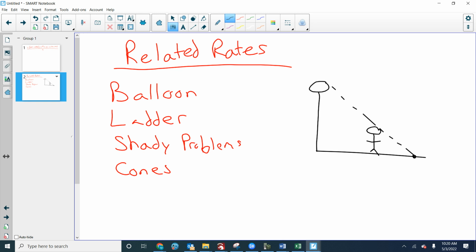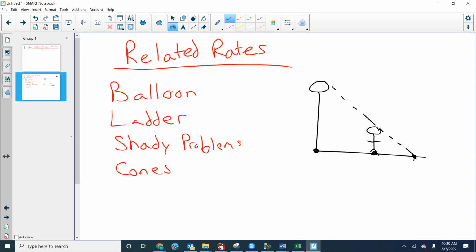One: how fast is the distance between the lamppost and the person changing? That's this length. Two: how fast is the edge of the shadow changing? That would be this entire length. This is the shadow, but the edge of the shadow is here. You may need to use the whole length and see how fast that length is changing.